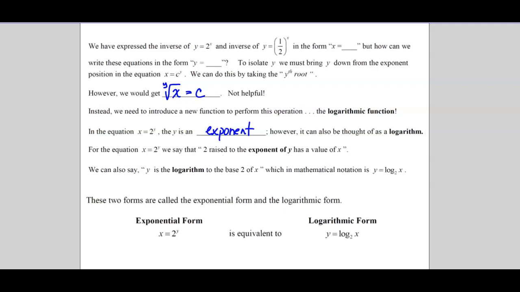However, it can also be thought of as a logarithm. For the equation x equals 2 to the y, we say that 2 raised to the exponent y has a value of x. We can also say y is the logarithm to the base 2 of x.